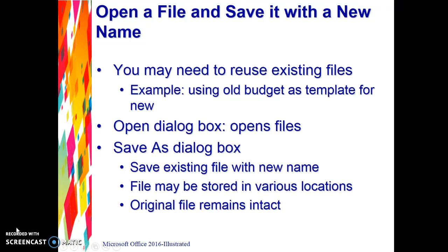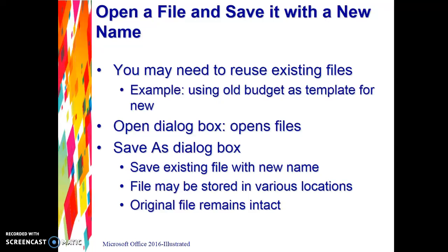So here's how to open a file and save it with a new name. Let's say you need to reuse an existing file, but you want to make some changes to it and you don't want to overwrite the old file. You would open up, let's say, a budget file, and before you even start working in it, you go to File, Save As, and give it a new name.